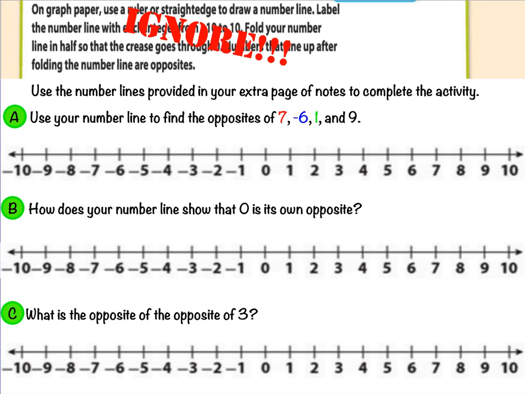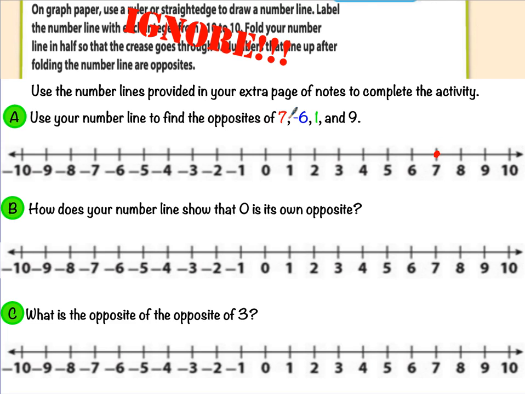So I have 7 and it's positive. So I start at 0 and I go 7 spaces to the right and plot my point. Now to be an opposite, it has to be the same distance from 0 and it has to be in the opposite direction, or the other direction.